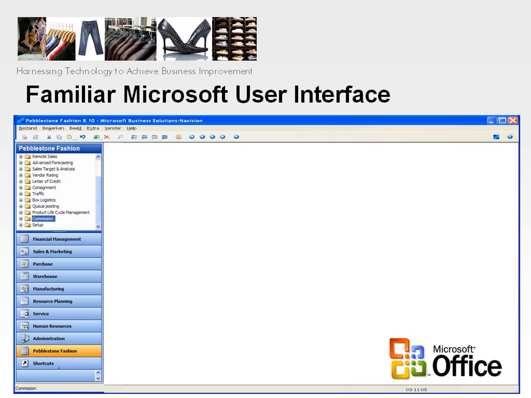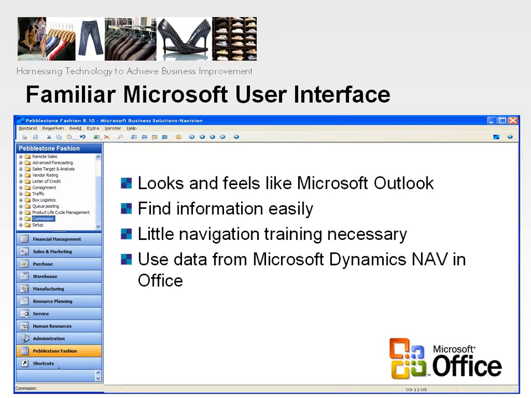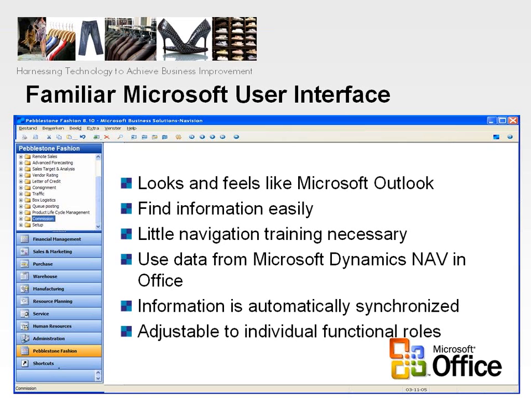The tool takes advantage of the familiar Microsoft user interface. It looks and feels just like Microsoft Outlook. The menu you're looking at in the background is actually the Pebblestone solution sitting on top of Microsoft Dynamics NAV. And any user that is familiar with tools like Microsoft Outlook will be able to pick this software up and start working with it almost immediately.